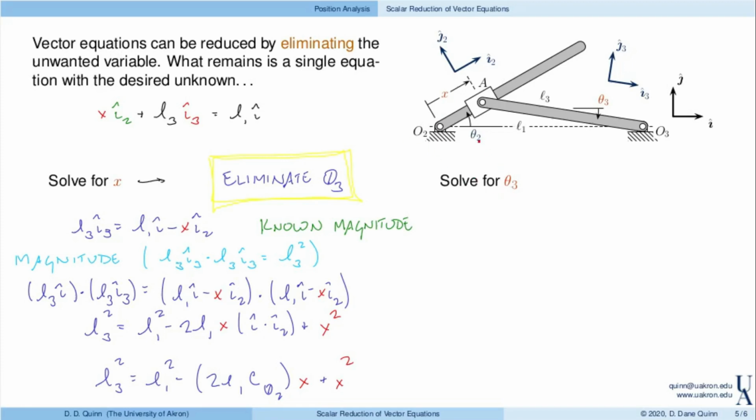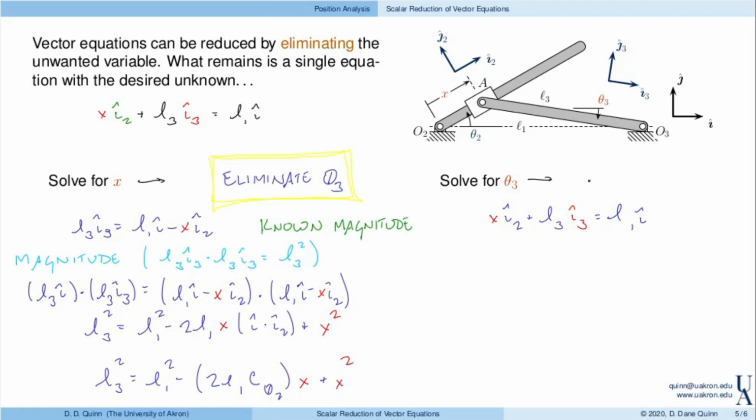Now, what do we do if I want to solve for theta 3? Well, I'll go back to the loop closure equation. So we see that x in the I2 direction plus L3 in the I3 direction equals L1I. So if I want to solve for theta 3, again, don't think about theta 3.